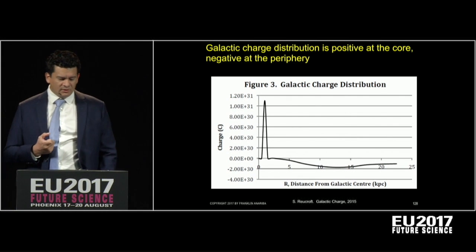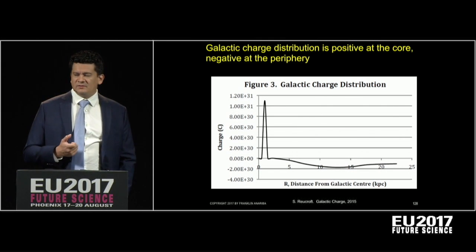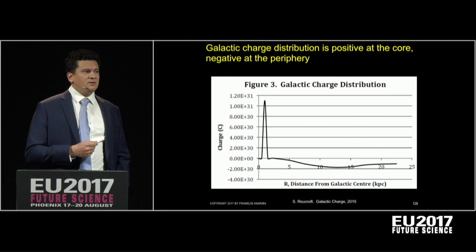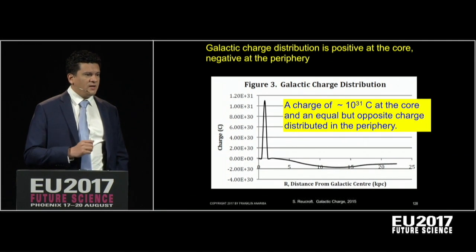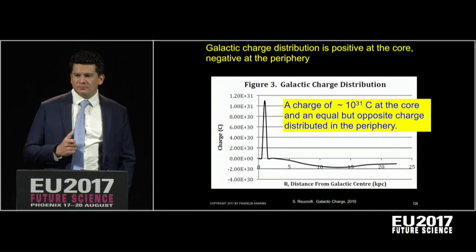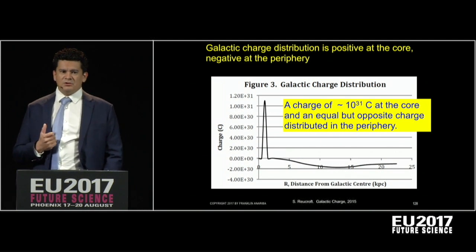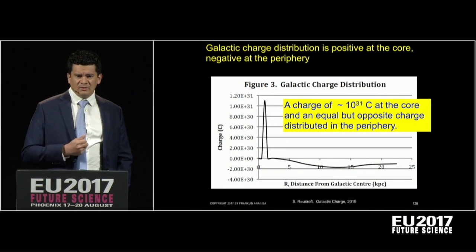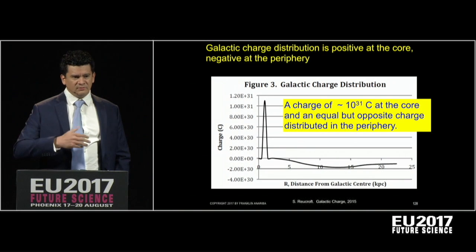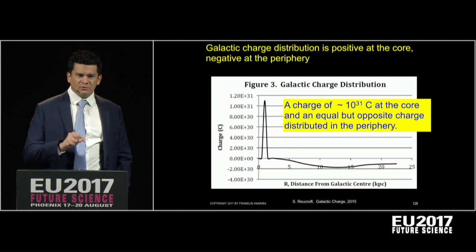Here is a figure in this paper, and what he concludes is that at the end of the day, you need a charge of about 10 to the 31st coulombs to explain the rotation of the galaxies that you see. On top of gravity, of course. He says there's gravity, but on top of that, you need electrostatic force. This is how many coulombs you need.